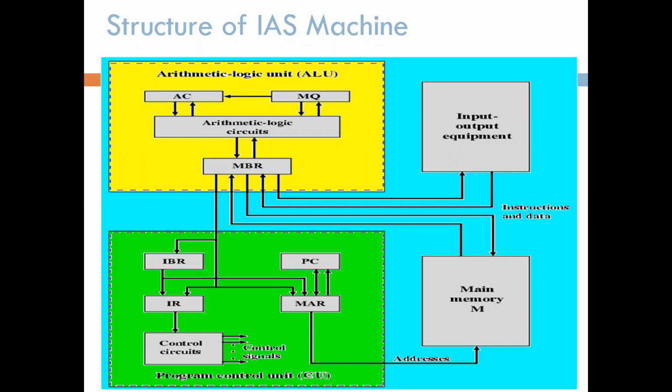Wherever you see an R, that R stands for register. So MBR, IBR, and so on, and IR. The R stands for register, and a register is a high-speed memory that's internal to the CPU. Whenever you're talking about registers, you're talking about the fastest unit of memory because it's stored in the processor.